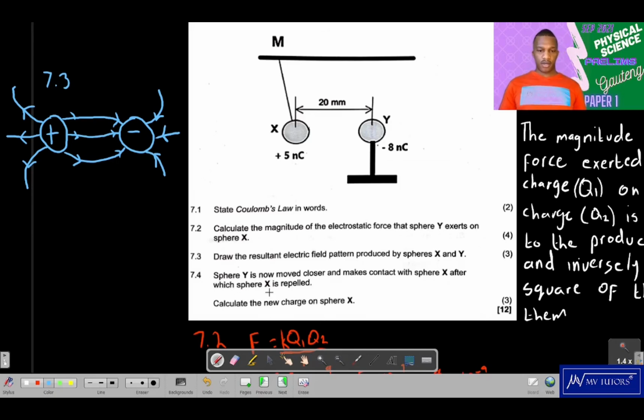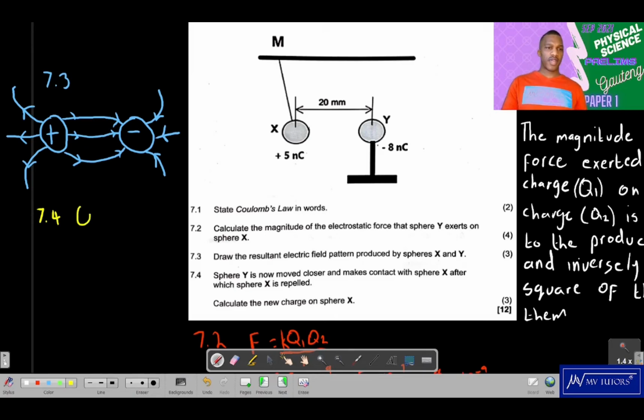Okay, and then 7.5: sphere Y is now moved closer and makes contact with sphere X, after which sphere X is repelled. Calculate the new charge on the sphere. So once they make contact, they start sharing their charges, and those charges are evened out. So what we're going to do is average them.